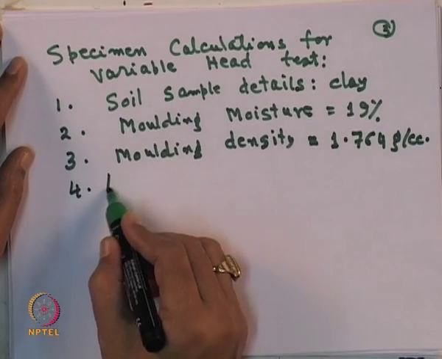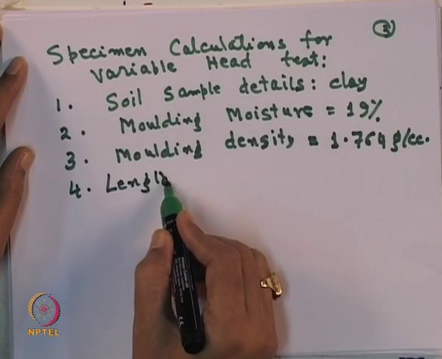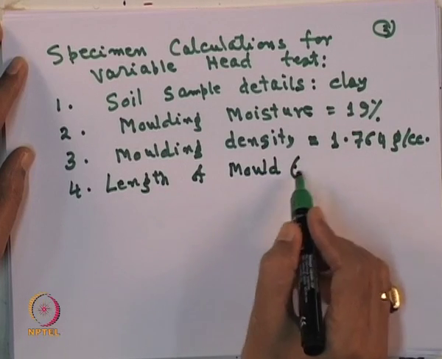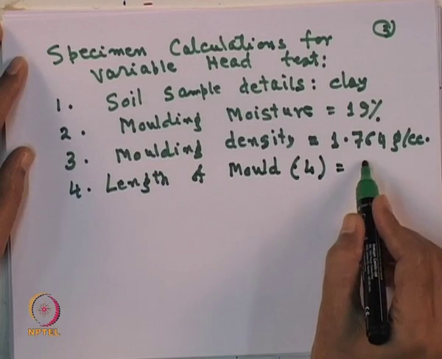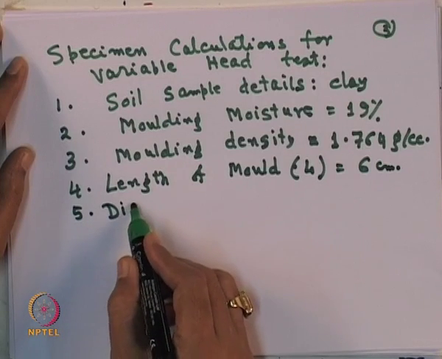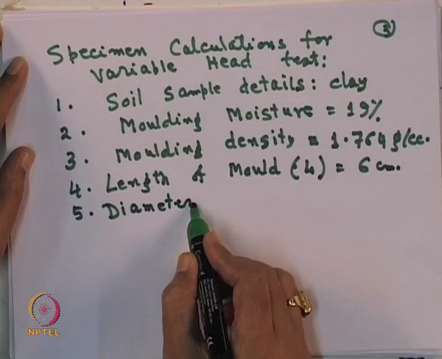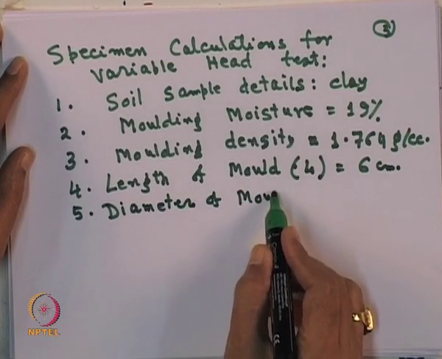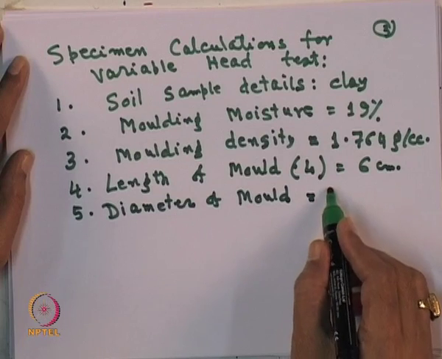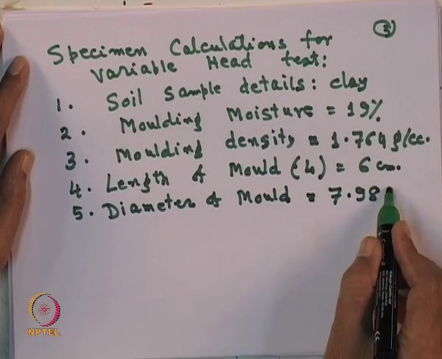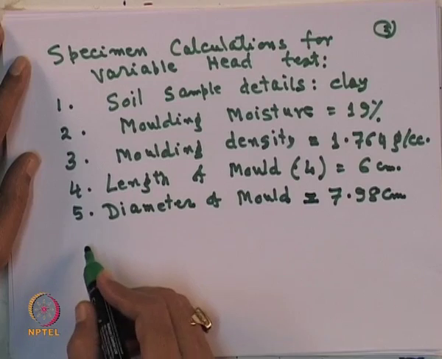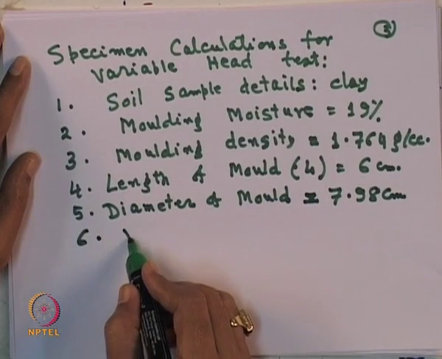Now, you know the length of the mold. Length of mold, designated as L, is equal to 6 centimeter, and the diameter of mold is equal to 7.98 centimeter.